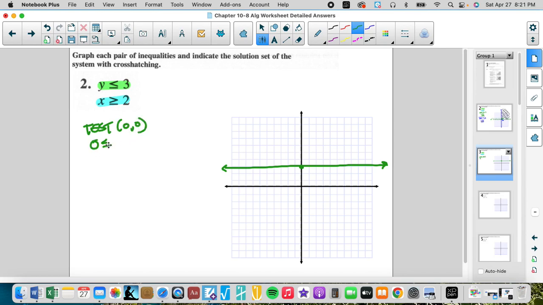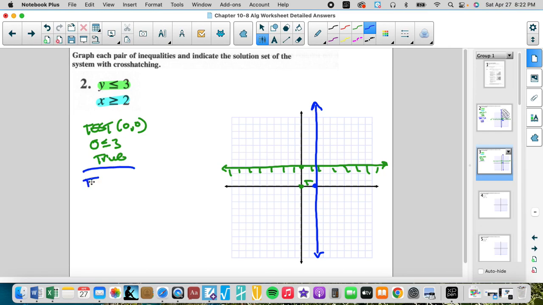So 0 less than or equal to 3, that's a true statement. 0 is less than 3, so we're going to shade down towards it. So it's true for green. Let's do the blue. At 2, x is 2 right here. That's equal to, so we can do that. That will be a vertical line along there.